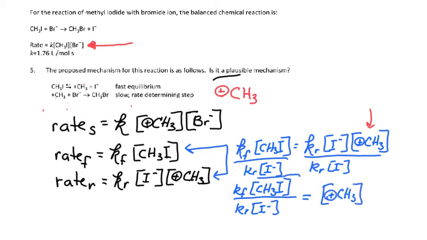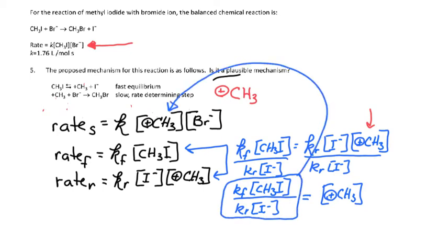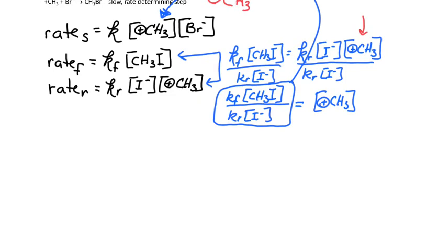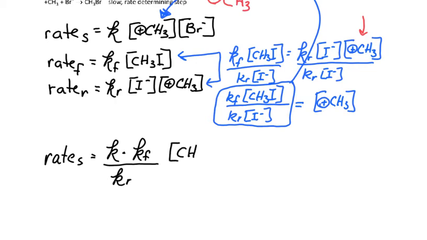We're going to take all of this and plug it into this rate law. We've got to get rid of that concentration of the intermediate. So the rate of the slow step equals k times Kf divided by Kr times CH3I divided by I minus times Br minus.